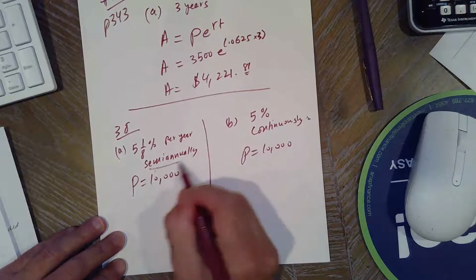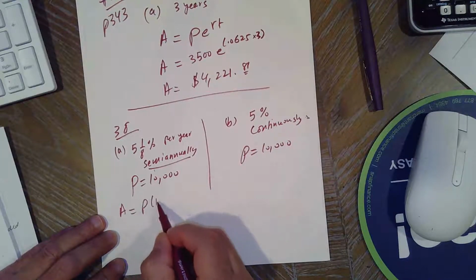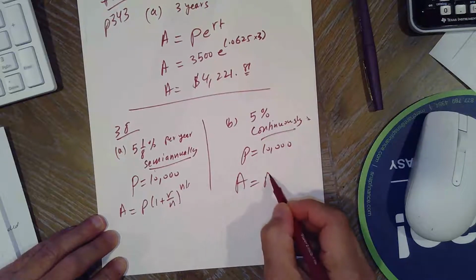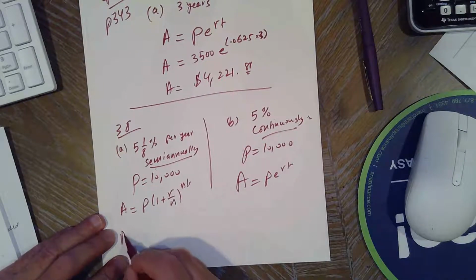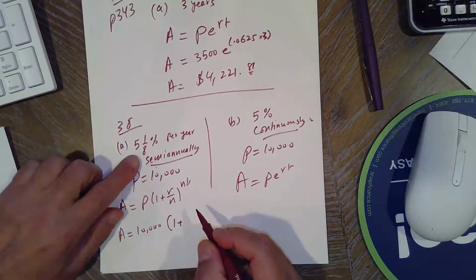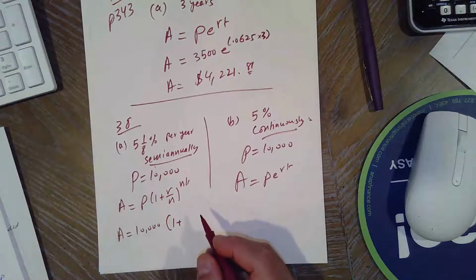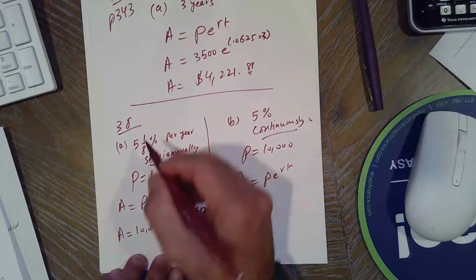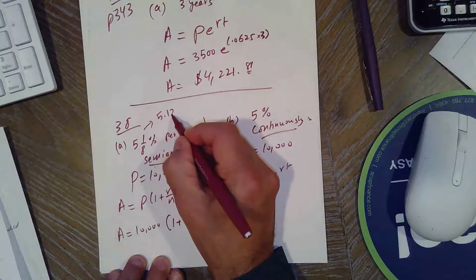So for the first one, I'll use P times 1 plus r over n to the nt, and this one is continuous, so use Pert. So 10 grand, 1 plus, the rate is 5 and 1/8, so it's 0.05125, 5.125%.